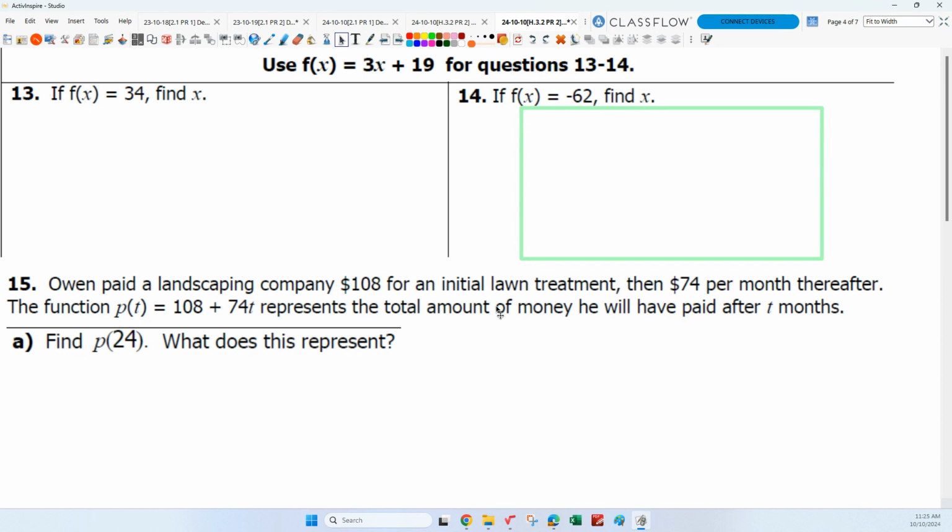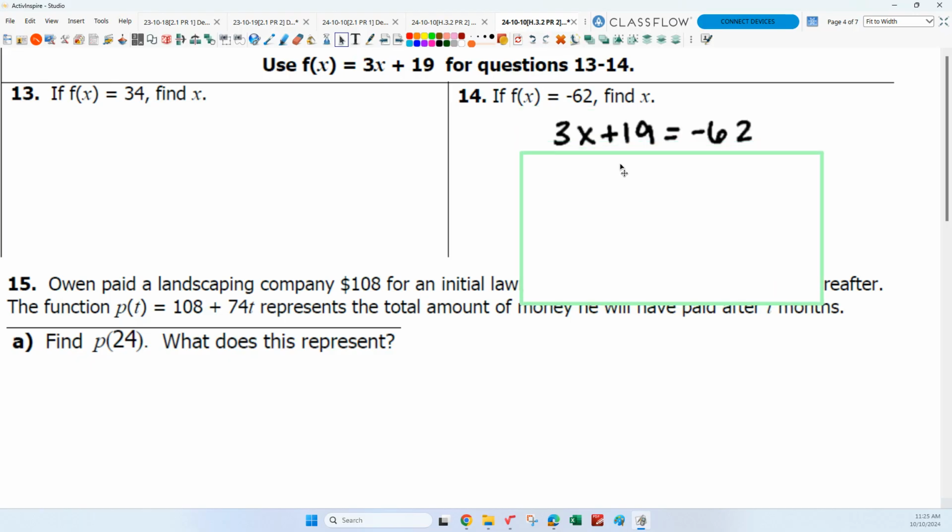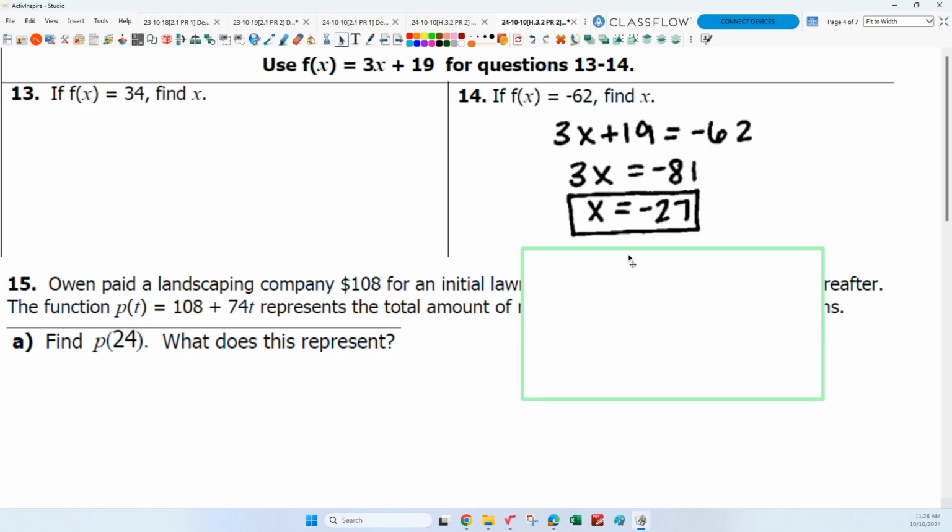We're not inputting negative 62 into the function. Negative 62 is the input or the output? It's the output, right? It's what f of x is equal to. So I'm setting the function equal to negative 62, and that's my way of asking the math gods what x is, and they tell me back through algebra, right? So we would just subtract 19, divide by 3, and I end up getting negative 27.